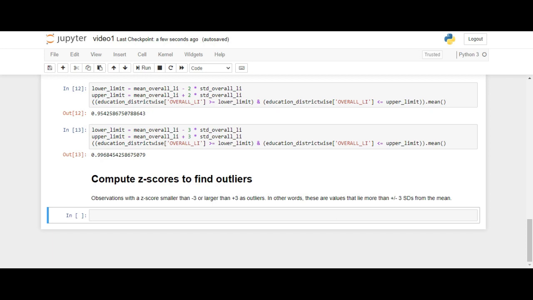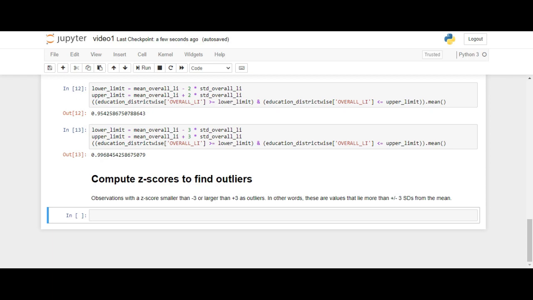As you may know, a z-score is a measure of how many standard deviations below or above the population mean a data point is. A z-score is useful because it tells you where a value lies in a distribution. For example, if I tell you a literacy rate is 80%, this doesn't give you much information about where the value lies in the distribution.